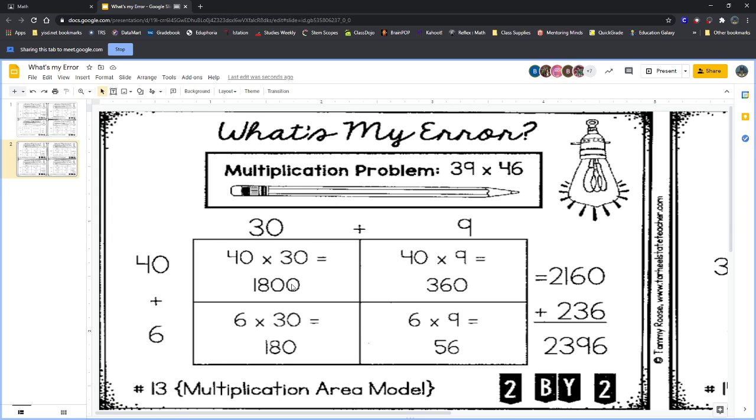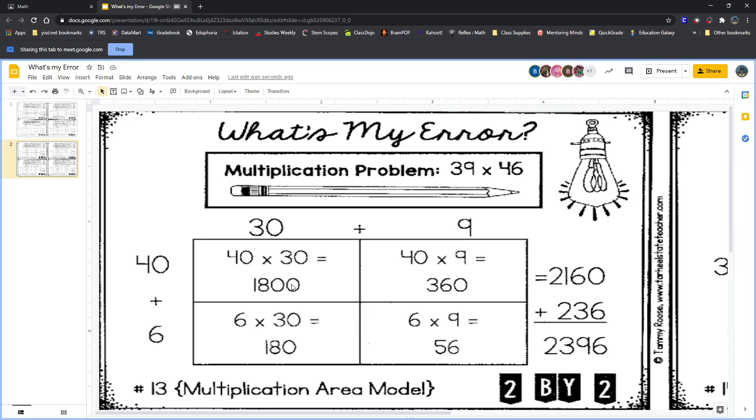Okay, so this is group 3, group 4. The first problem, 39 times 46. What is the mistake? Bailey, you see it? Bailey with the B. Oh, that was from last time. Okay, I thought you found this one already. Okay.